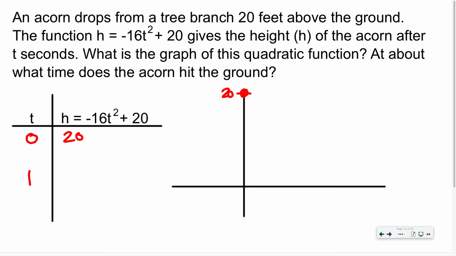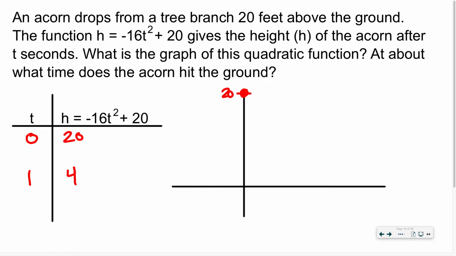Positive 4? How do you know positive 4, Ibrahim? Because you're multiplying a positive.